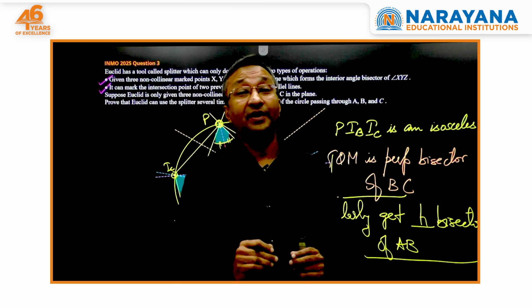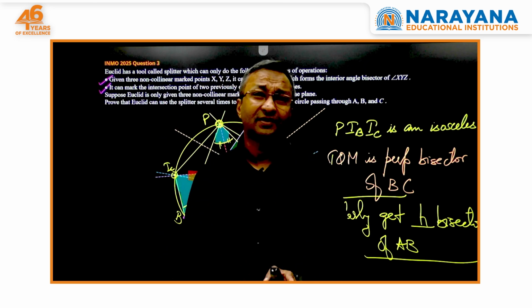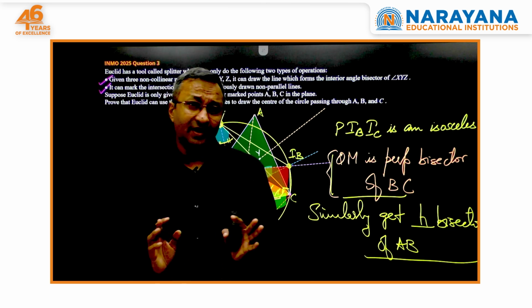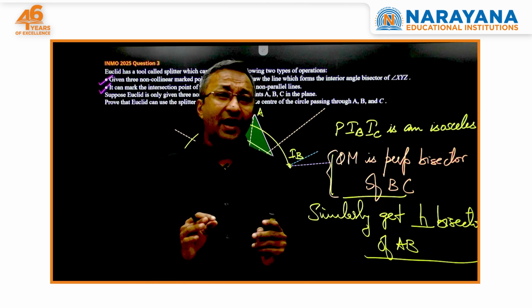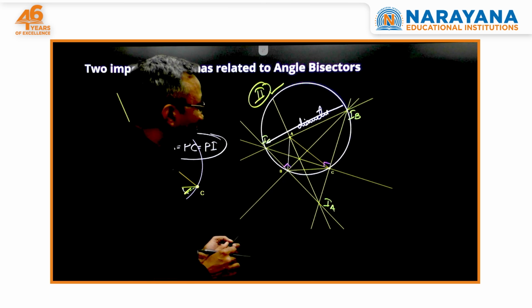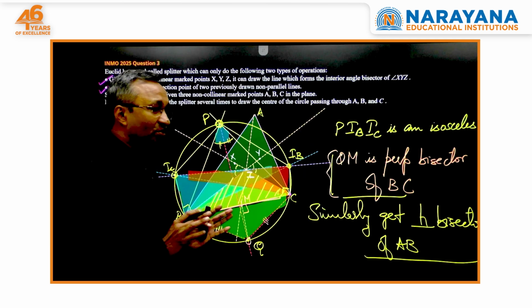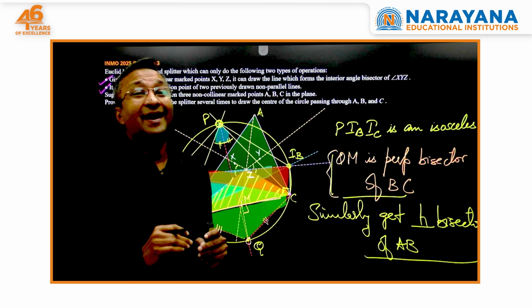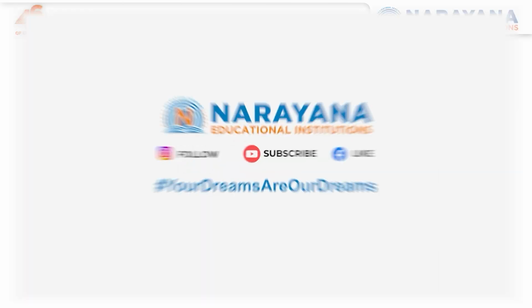The point of intersection of these two perpendicular bisectors is the circumcenter of triangle ABC. The only way you can get through this is through these two lemmas. An excellent question to test your patience and overall understanding of geometry.